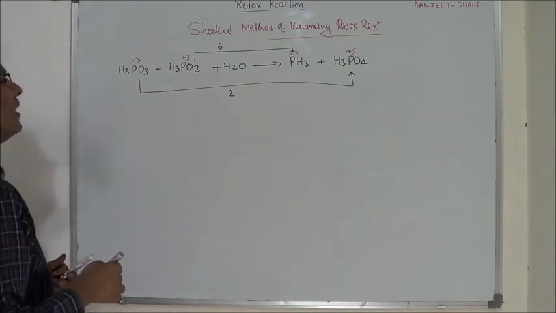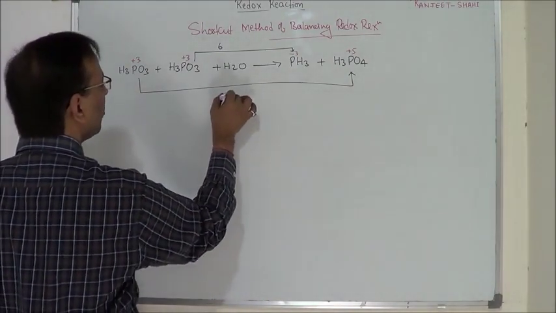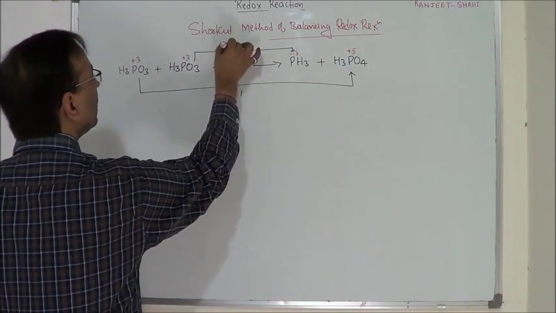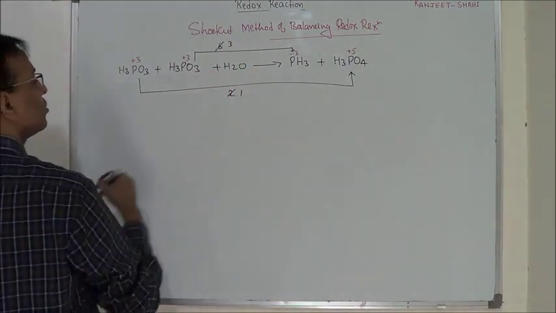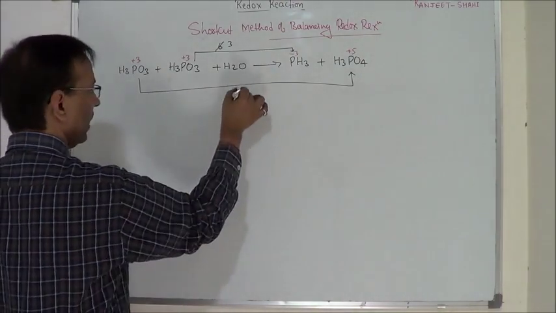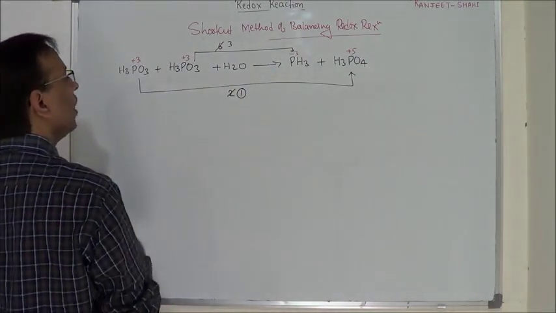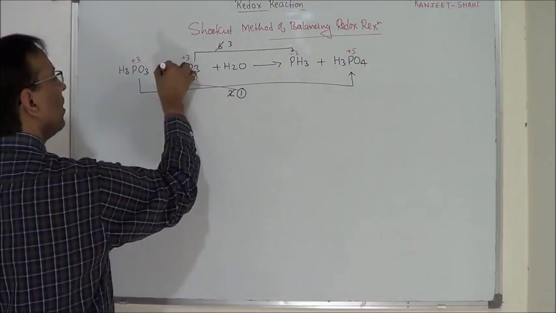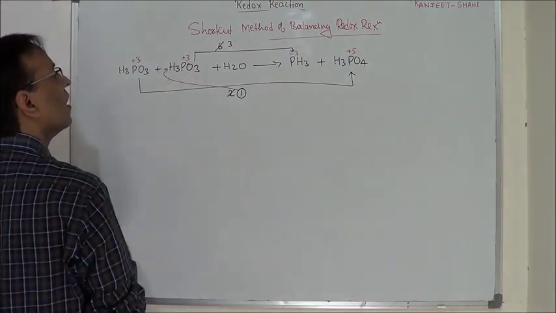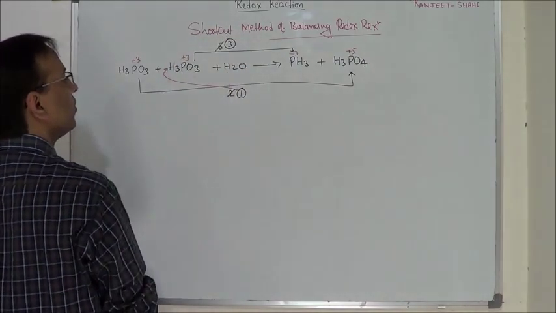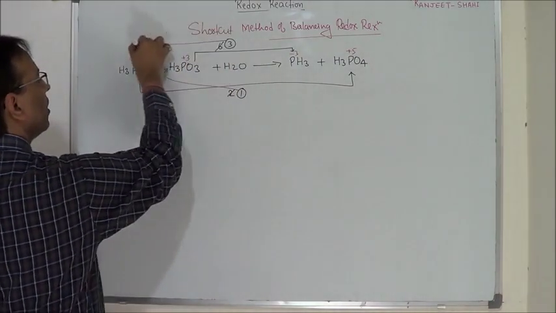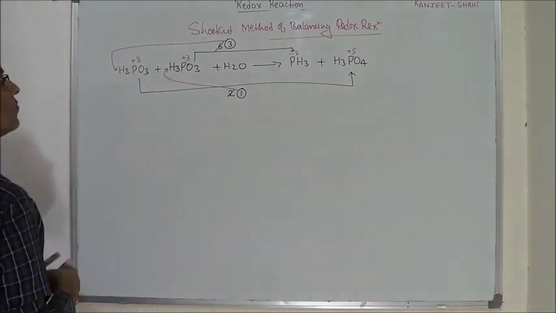If there is any common factor in change in oxidation number, drop them, so it would be 1, 3. And again cross multiplication. This 1 would come here, and this 3 cross multiplication would come here.